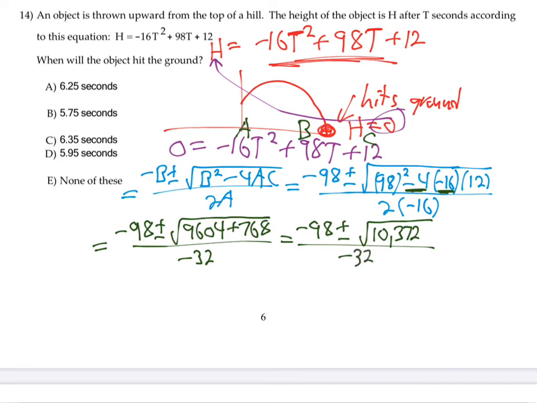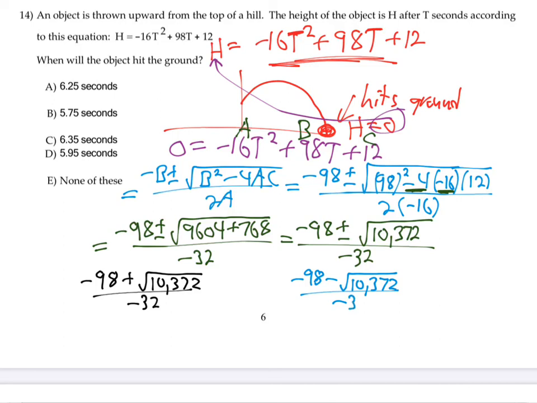And so really you just have to do the two different options. One of them is going to be minus 98 plus the square root of 10,372 all over minus 32. The other one is going to be minus 98 minus the square root of 10,372 all over minus 32.